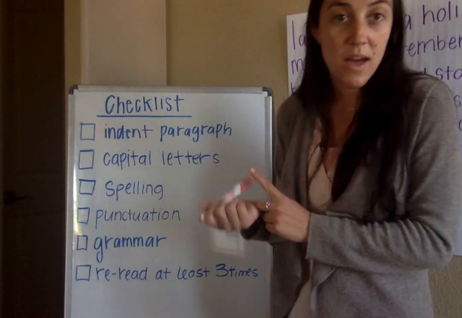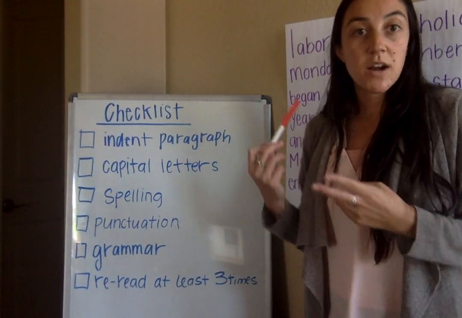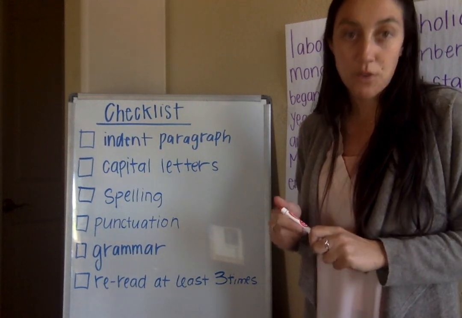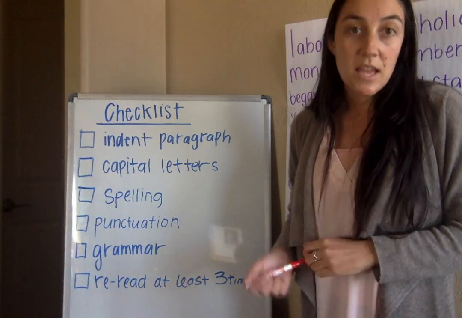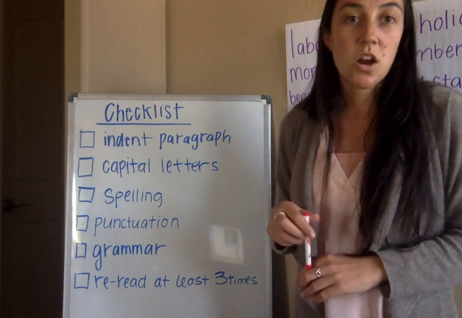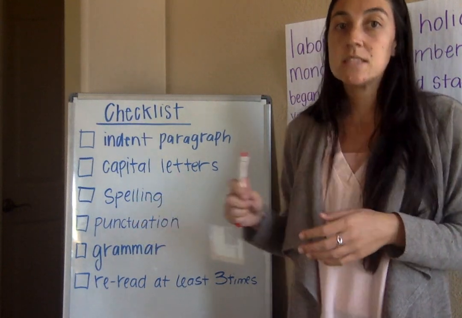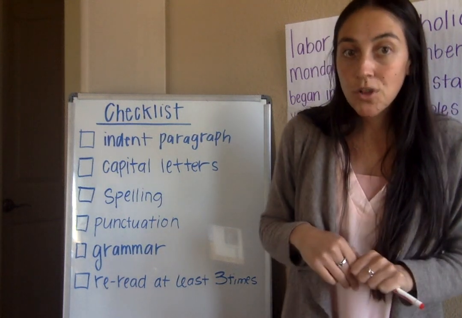Punctuation, so making sure that periods, quotation marks, exclamation points, apostrophes, and commas are all used in the correct spots. Grammar, making sure that we are writing in the correct tense. So if you start in the future tense, you need to carry out your entire essay in the future tense. That also goes for when words need to be plural.